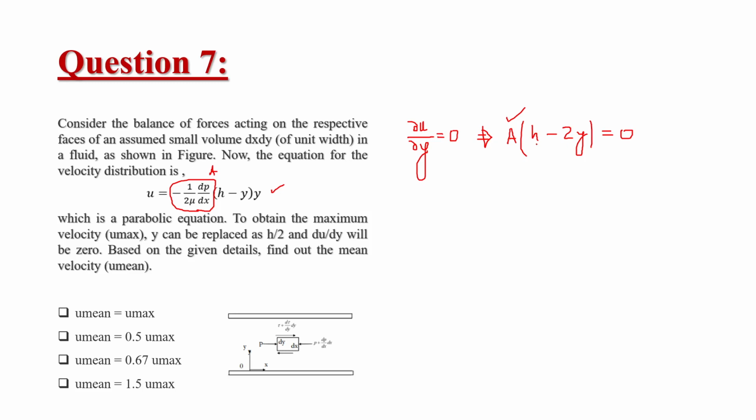So if it is a low value of Reynolds number, the viscous forces are large in comparison with the inertial forces. So this should be the correct answer. Okay, now let's go to the next question.